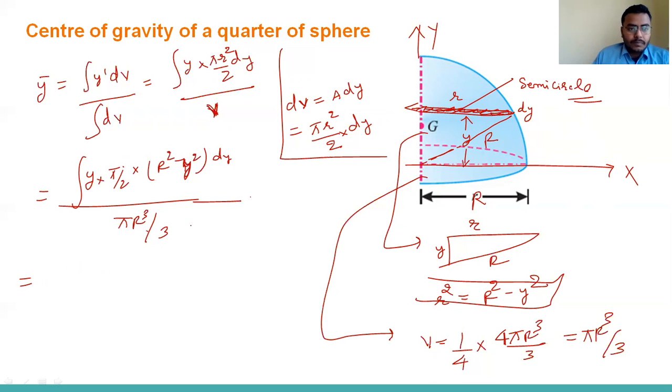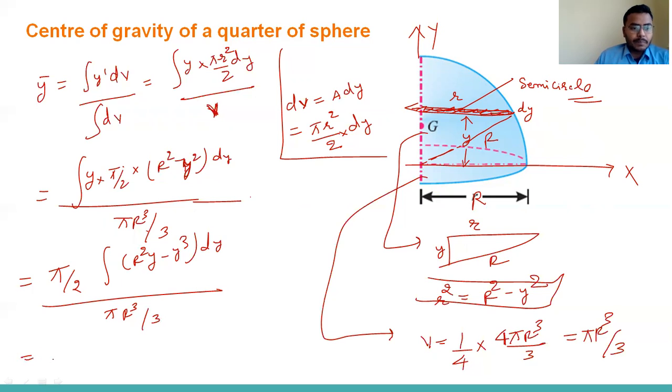Now, what is the constant that takes outside? So pi by 2 will be outside, into, do the multiplication, it will come r square into y minus y cube into dy, divided by pi r cube divided by 3.